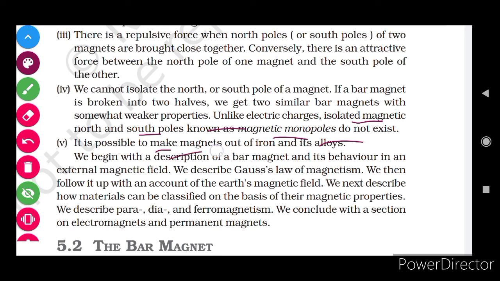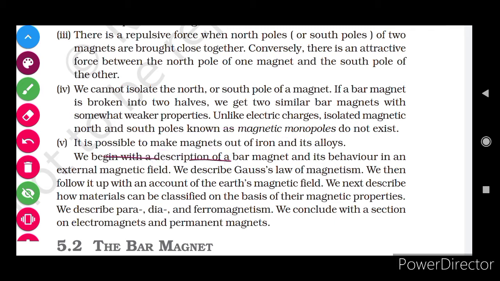Fifth point, it is possible to make magnets out of iron and its alloys. You have studied in earlier classes how we can make a magnet. We can place an iron piece on a magnet and stroke it across so many times, then it acquires some magnetic properties. There are other methods also.